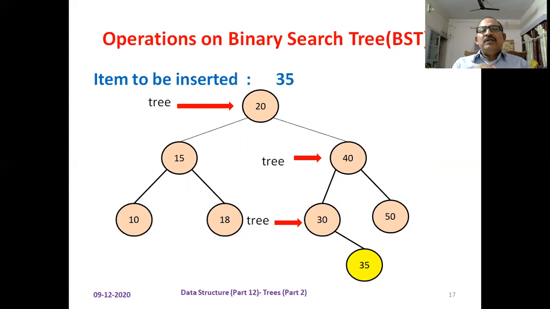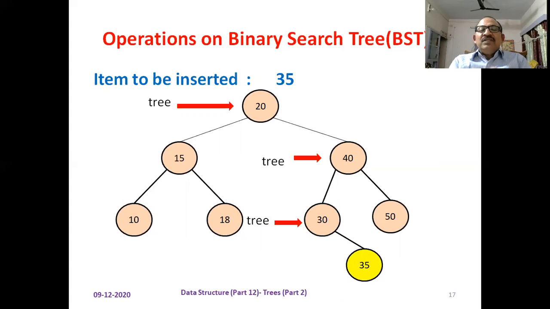Again we will compare 30 to 35, and here we will see 35 is greater than 30. Then we will again call the insert node function with parameters tree right comma 35. Now you can see tree right is null.